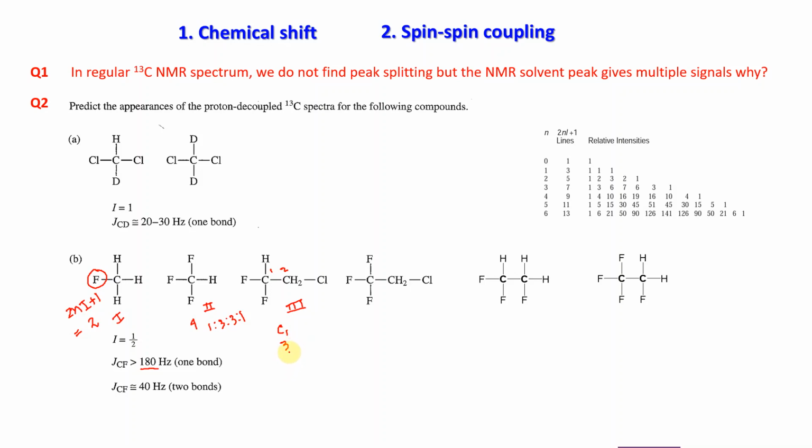For C1 you are going to get 3 peaks, and for C2, you have 2 bond coupling, CF and then CC. So for C1, which is a triplet, your coupling constant will be 180 Hertz. For C2, it will be 40 Hertz. So for C2, how many peaks are you going to get again?